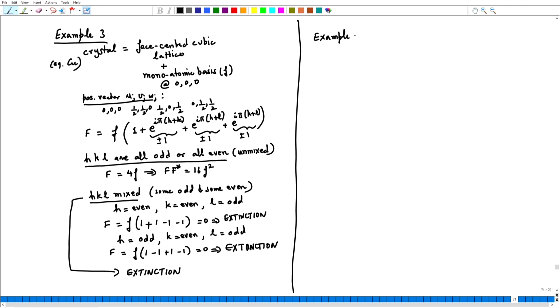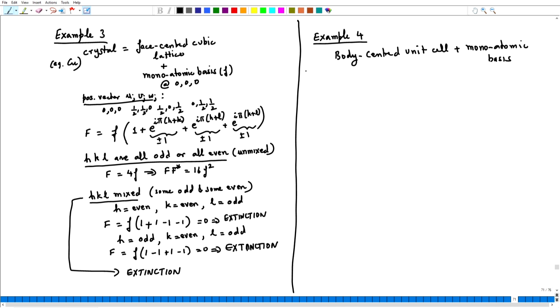Example 4, let me consider a body centered unit cell, add to it again a monoatomic basis.